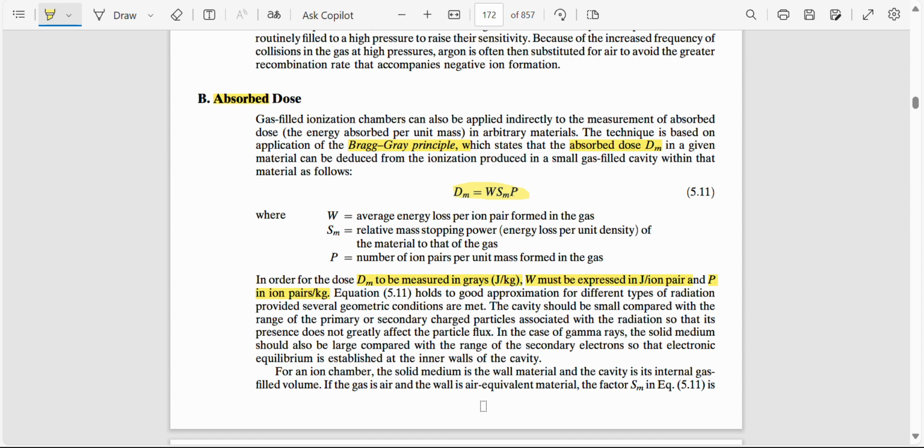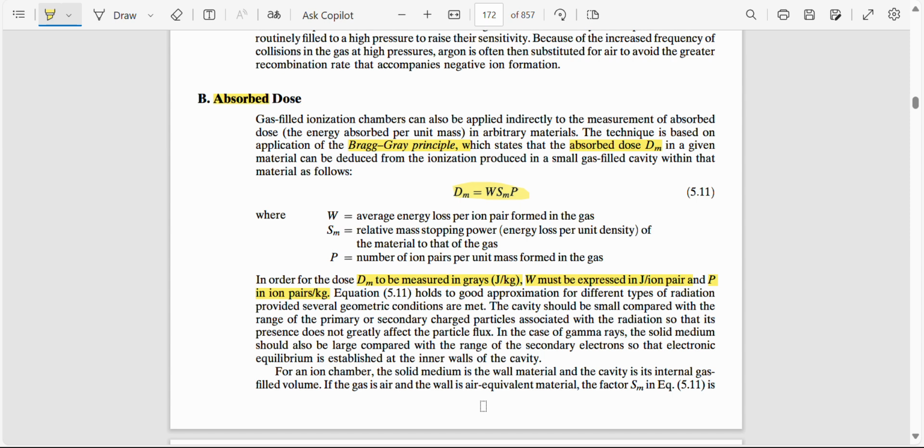Multiply by the value of Sm, which is 2.5 into 10 raised to minus 2, and the value of P, which is 1.6 into 10 raised to minus 4. After multiplying, your answer for the absorbed dose is 2.17 into 10 raised to power minus 23 joule per kg.